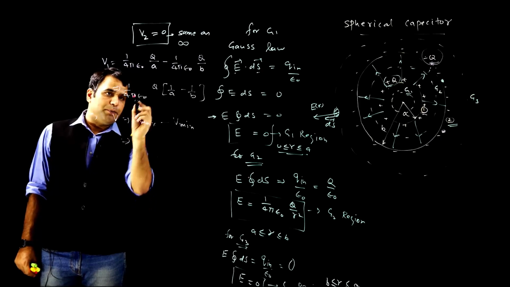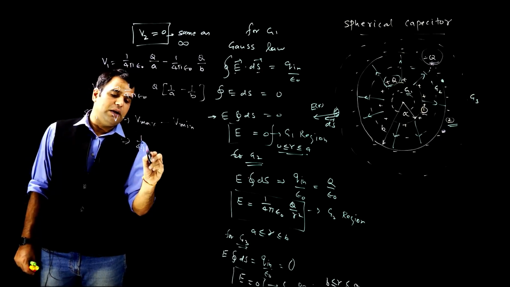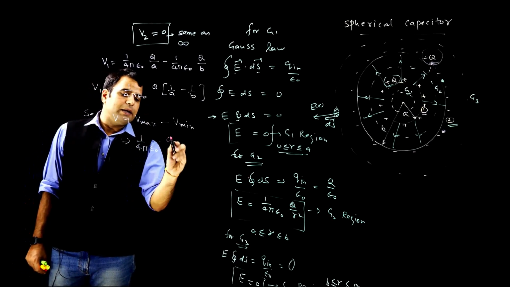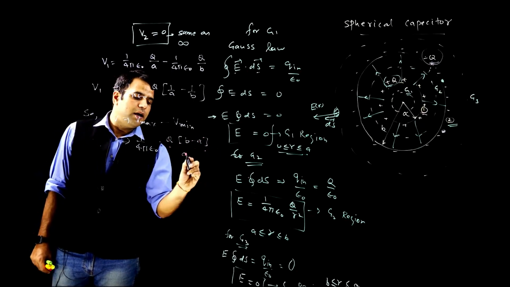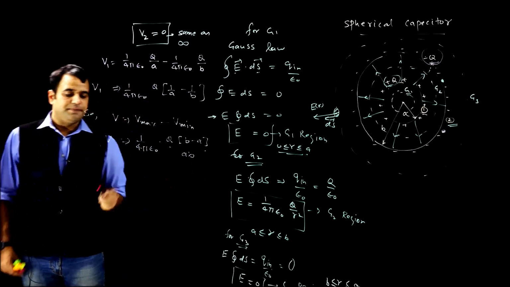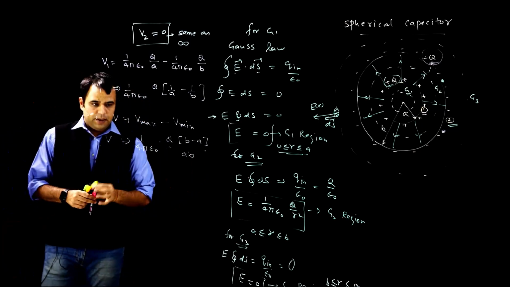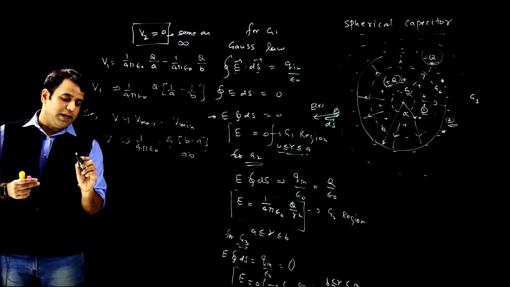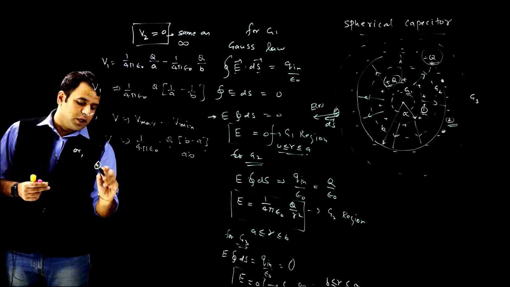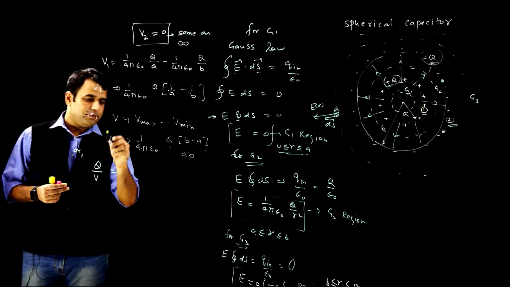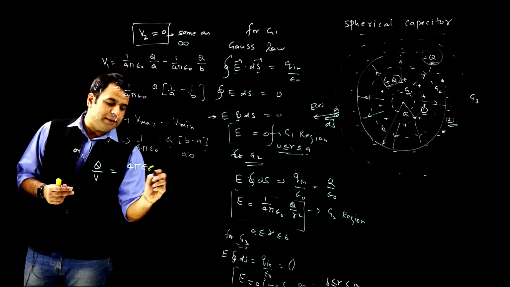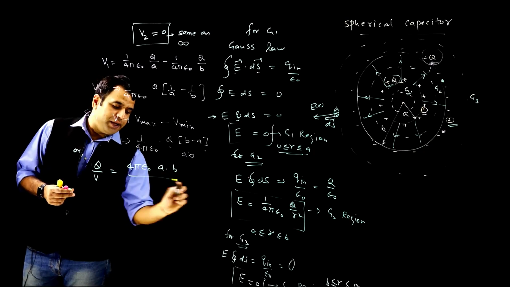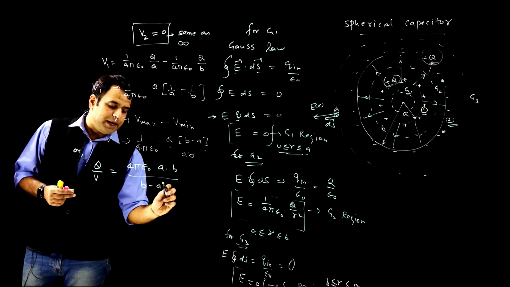By putting this value and simplifying, it will become Q times (b minus a) upon ab. That is the potential V. Now from here we can calculate Q by V. By rearranging, we will get 4 pi epsilon naught a multiplied with b divided by b minus a.